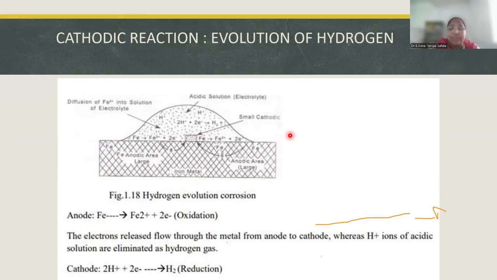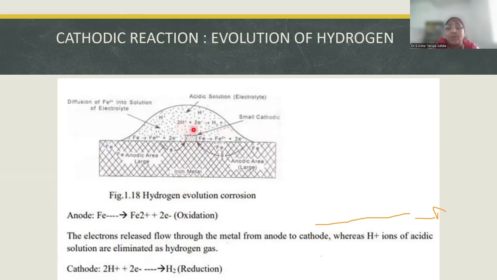We already discussed that at anode, iron is undergoing oxidation, getting converted to Fe2 plus, and also releasing 2 electrons. Those 2 electrons which were formed at the anode region, along with these metal cations, will migrate to the cathode region, and at cathode, 2 H plus ions are there.